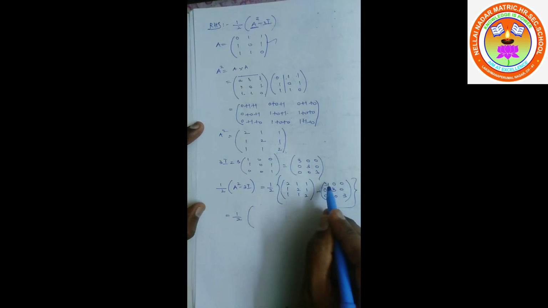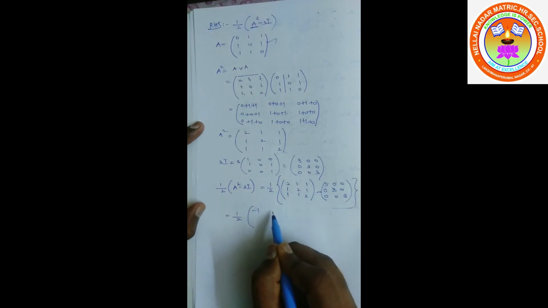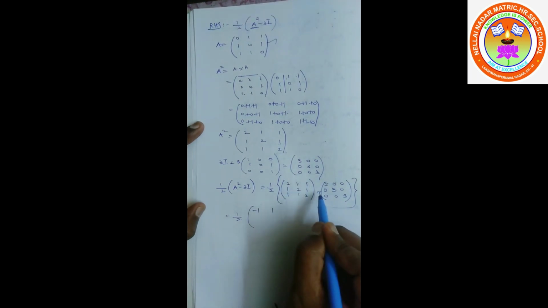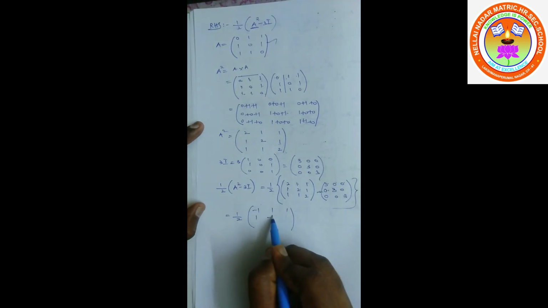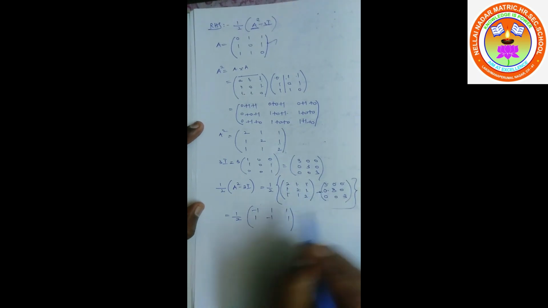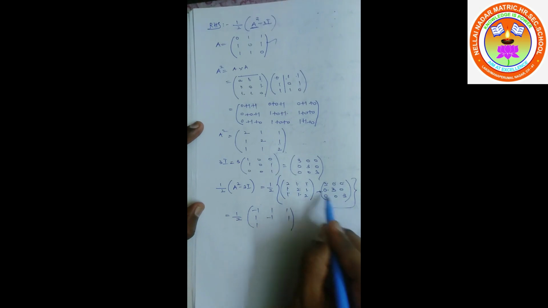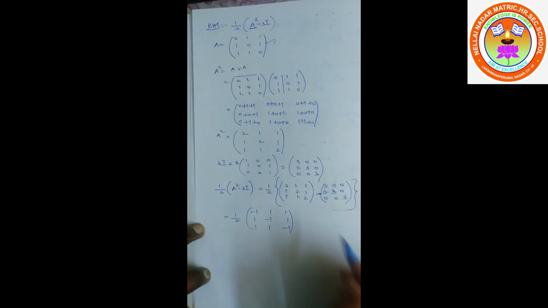So write 1 by 2 as it is. See here, 2 minus 3 is minus 1. 1 minus 0 is 1. 1 minus 0 is 1. 1 minus 0 is 1. 2 minus 3 is minus 1. 1 minus 0 is 1. 1 minus 0 is 1. 1 minus 0 is 1. 2 minus 3 is minus 1.